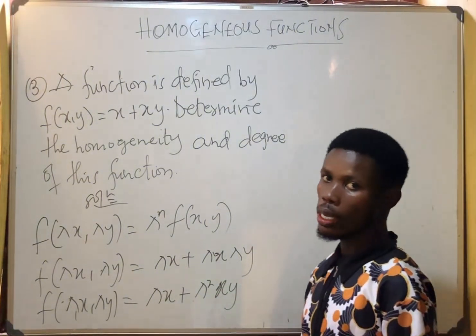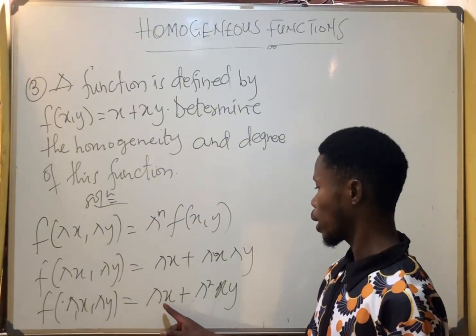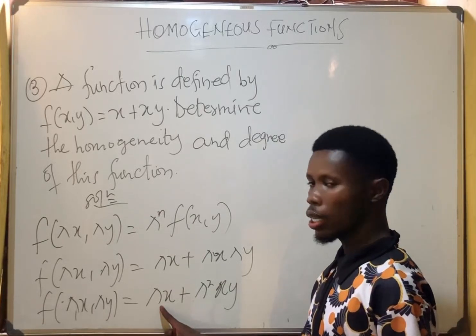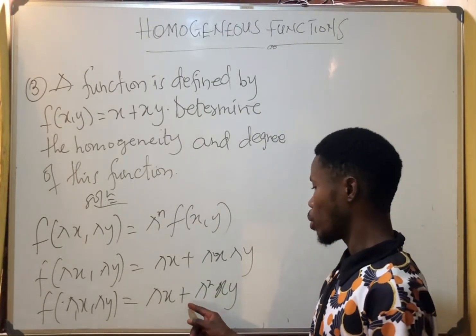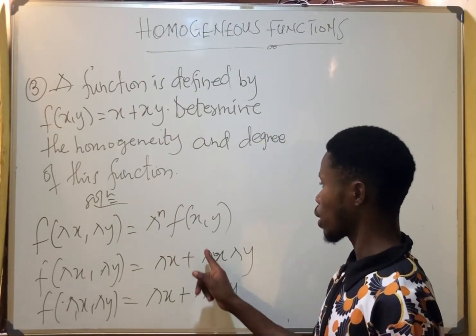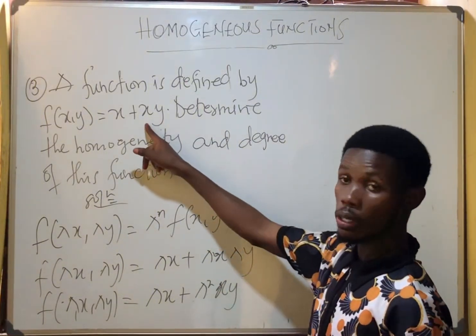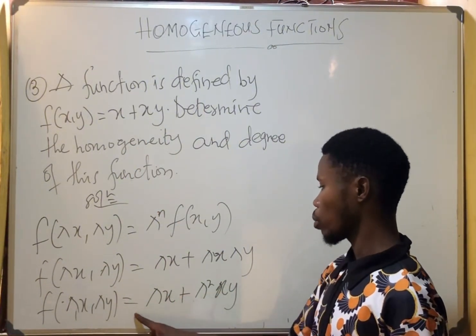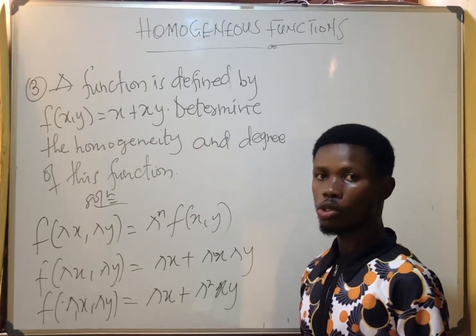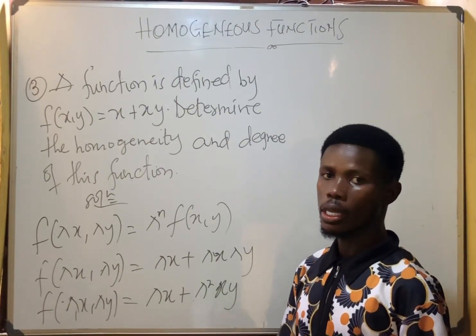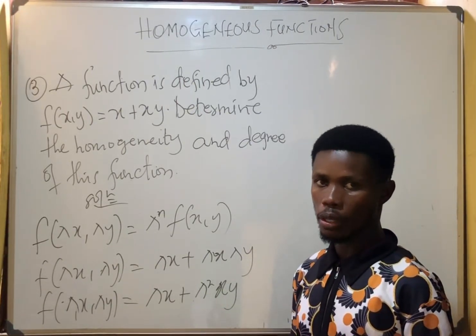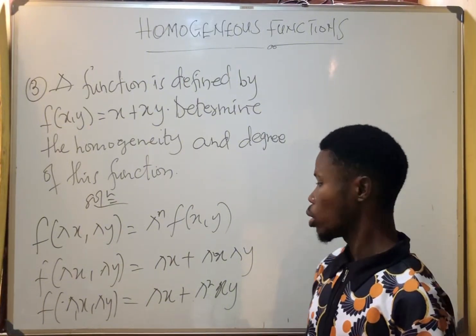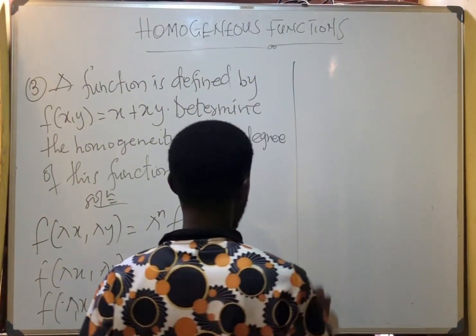Is that okay? Now with this, can we factorize the lambda out? Yes, we can do that, but you see, when we do that, still we won't get the original function that was given. I hope you can see that this is lambda, this is lambda squared. So when I bring this one out, lambda will still be here. So once you're not getting something like that, then the degree cannot be determined. Is that okay? And it is not homogeneous. So we just conclude.